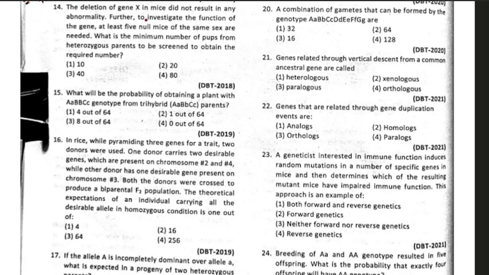The deletion of gene X in mice did not result in any abnormality. Further, to investigate the function of the gene, at least 5 null mutants of the same sex are needed. What is the minimum number of pups from heterozygous parents that will be screened to obtain the required number? So, to get the maximum progeny, we will cross Aa and Aa.